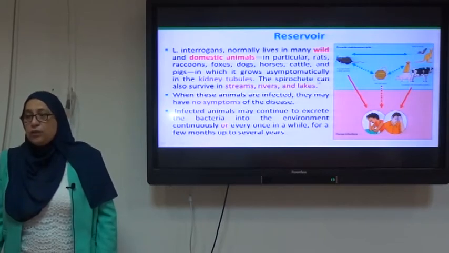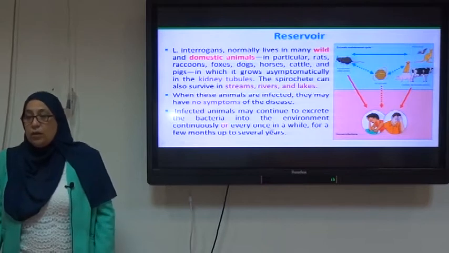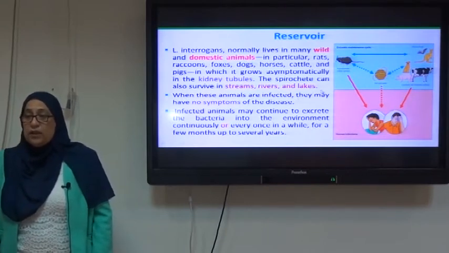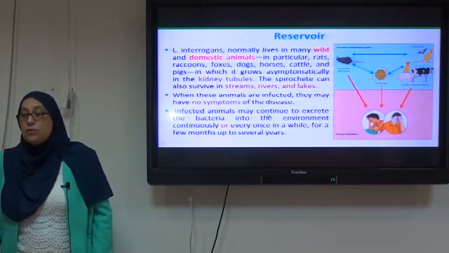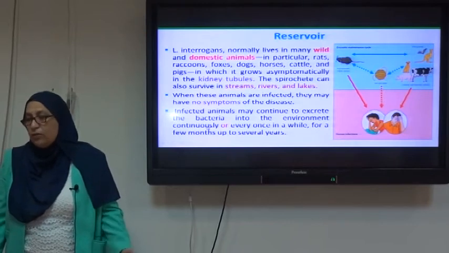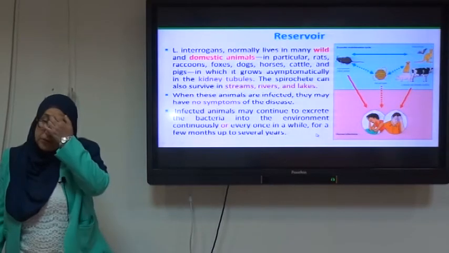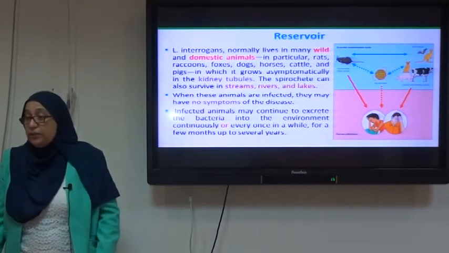A spirochete can also live in streams, rivers, and lakes. When these animals are infected, they may have no symptoms of the disease, but they continue to excrete this bacteria into the environment continuously or for some time, a few months to several years. And by this way, humans get infected.